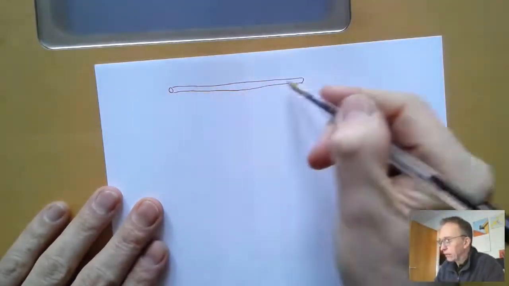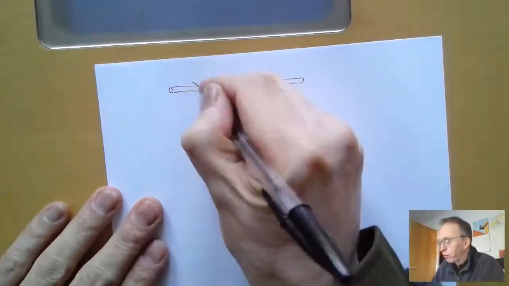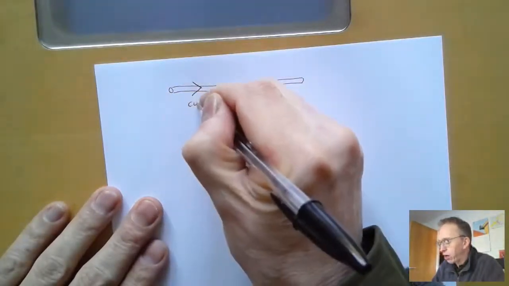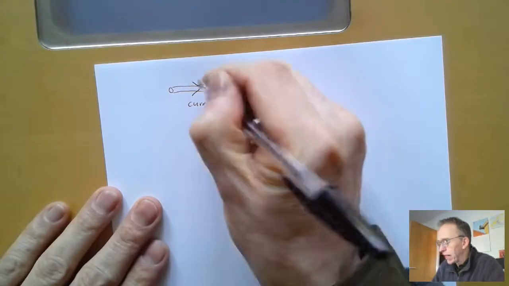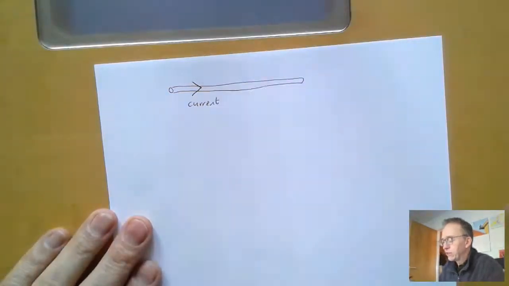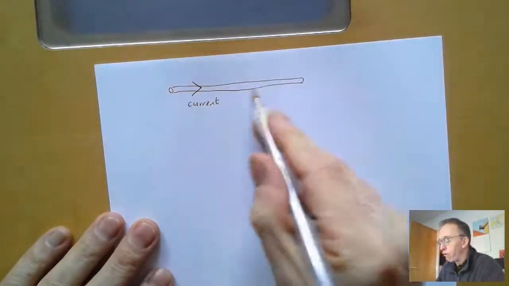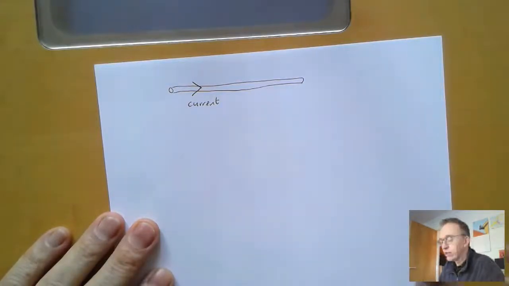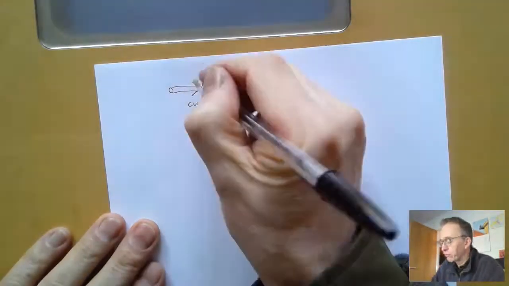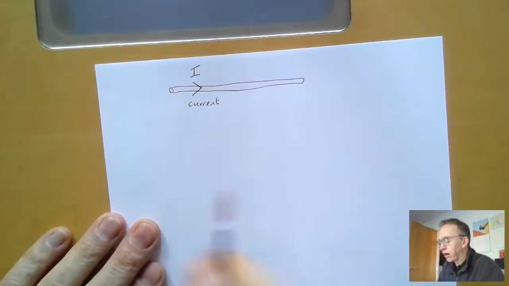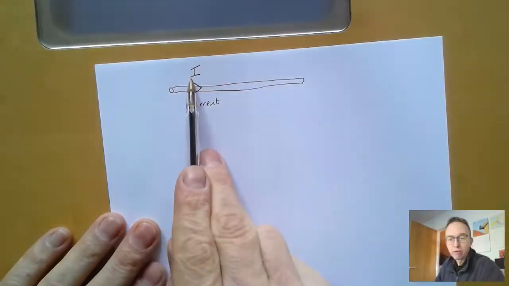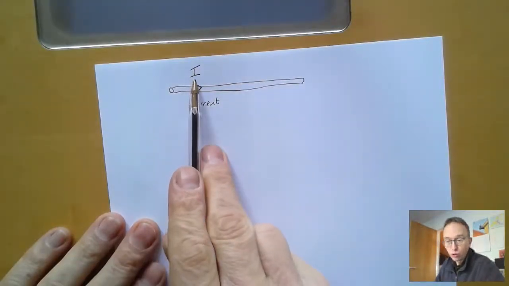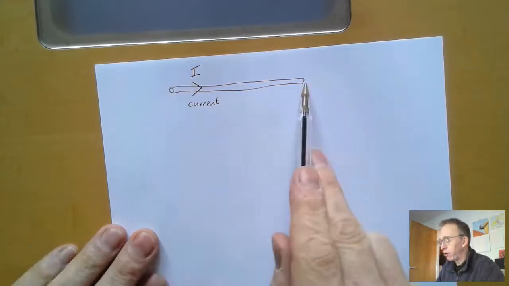So if you've got a metal conductor, which could be a piece of wire, we know that you can make an electric current flow through it. An electric current is just a flow of electrons, and each electron carries a small amount of electric charge. The symbol for electric current is big I. Remember, intensité du courant, the intensity of the current.